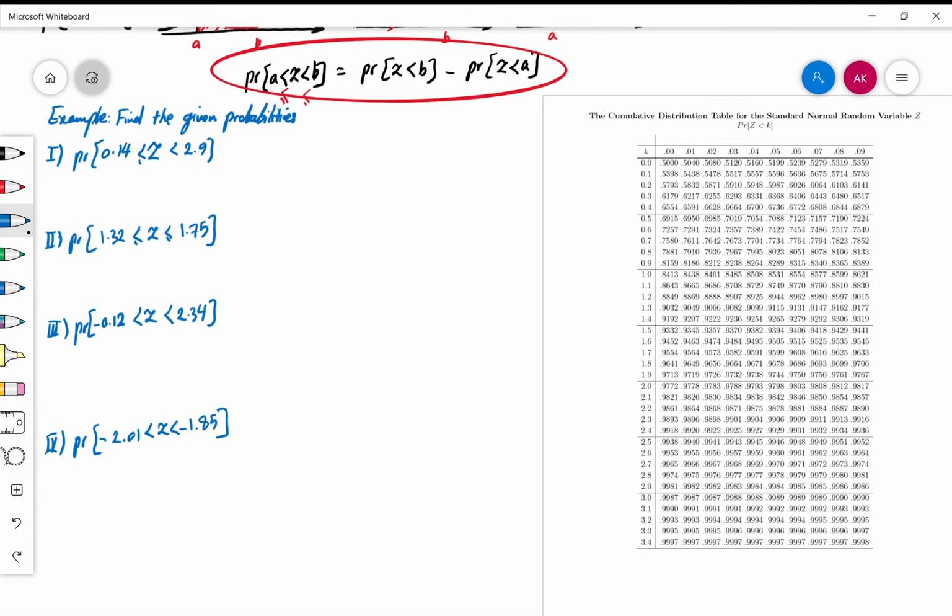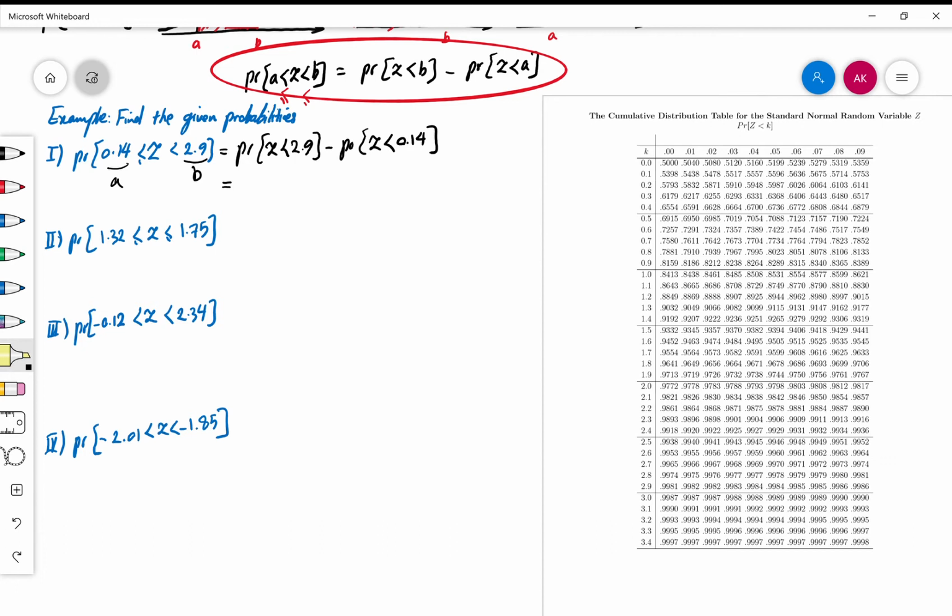So the first one, always for any a and b, this is what we do. Probability of Z less than the upper one minus probability of Z less than the lower one. In this case, both a and b are positive numbers, so we can go ahead and find this from the table.